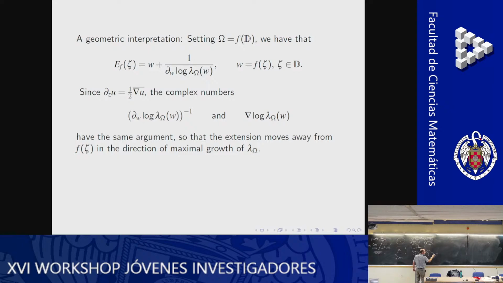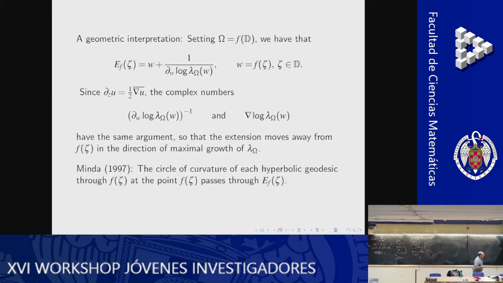If that's the fastest direction of the hyperbolic density, the extension takes you out in this direction. Okay? And there is even more. So at this point, f of zeta, if you consider some hyperbolic geodesic, let's say this one, then go to the point f of zeta and take the circle of curvature.